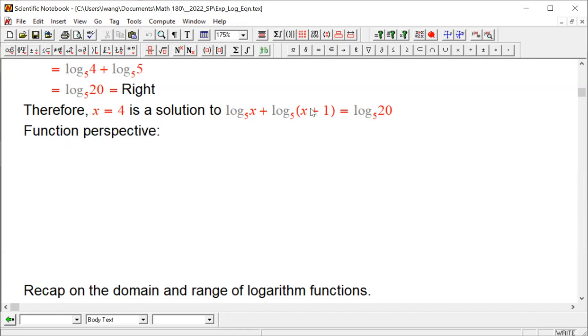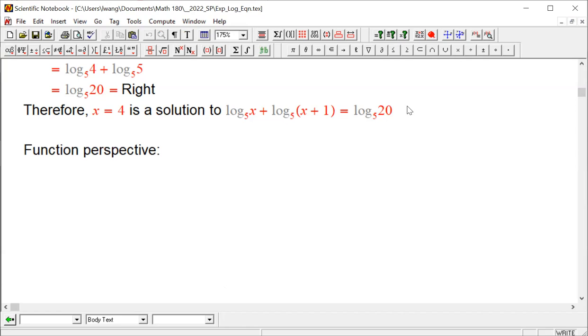I'm going to put it as a note because these are typically not done, but the way I always do it, I want to give you the function perspective.